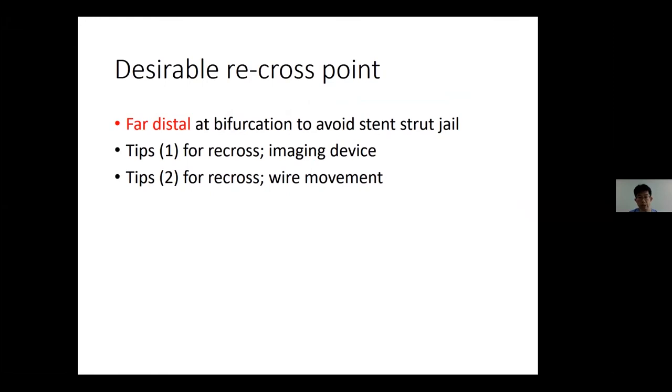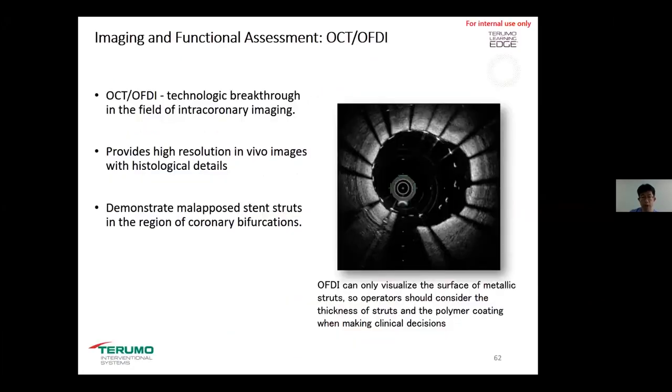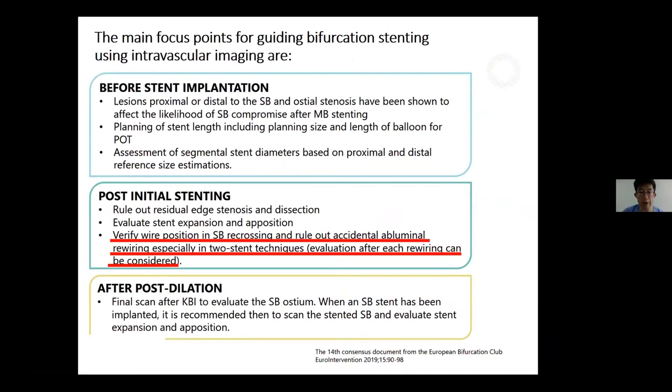So the desired recross point is far distal at the bifurcation to avoid stent strut jail. These are two tips for recross: imaging device support, and wire movement. So OCT or OFDI or IVUS imaging is helpful. It's very helpful to check the recross point. For bifurcation, it is recommended to verify your position in side branch recrossing and rule out accidental abluminal rewiring, essential in two-stent techniques.